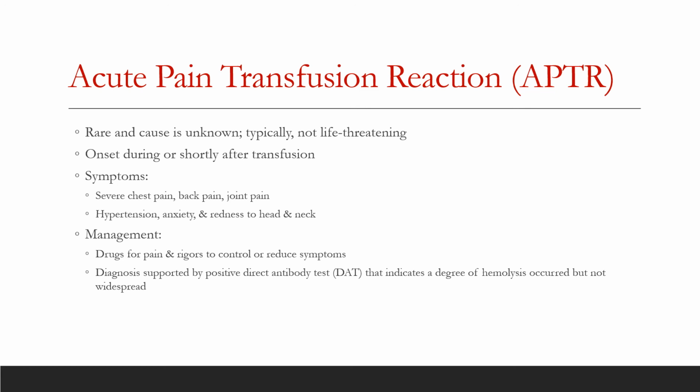A positive direct antibody test can be done. This is a blood test, and it indicates a degree of hemolysis has occurred to part of the blood, but not widespread. So part of the blood is reacting, but not a triggered reaction to all of the blood reacting. So that's what caused their issue, their pain.